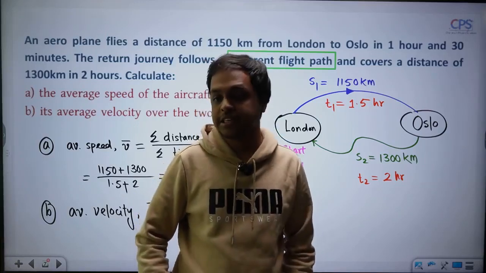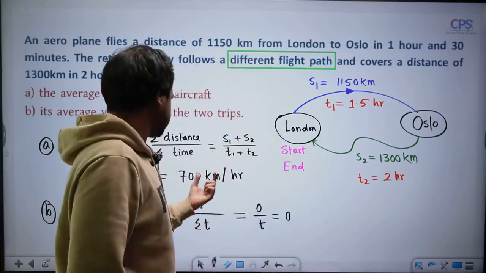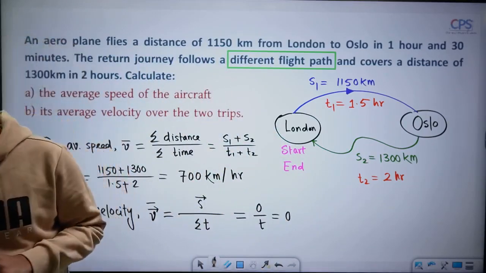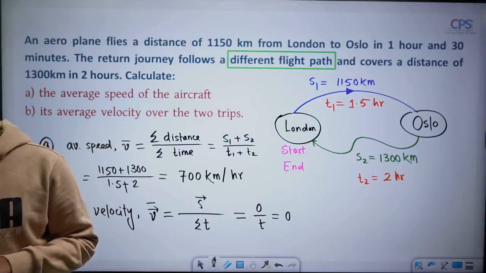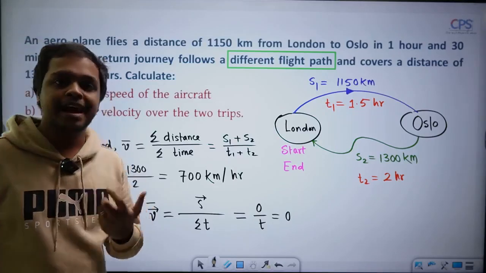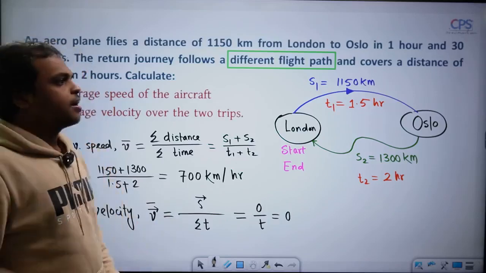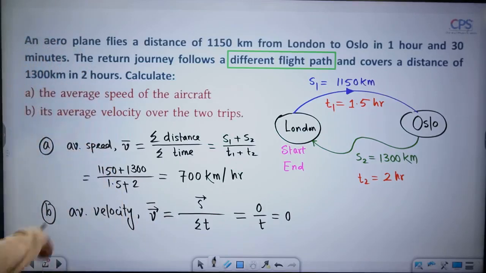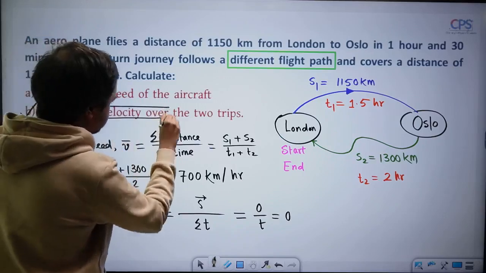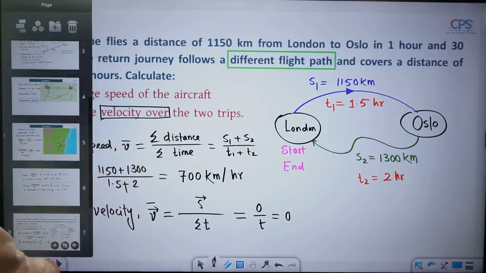It is a scalar, that's why it has a value. That's 700 km per hour. But for velocity, it's 0. So be a little bit careful while you are calculating the average velocity or velocity overall. That's the point here.